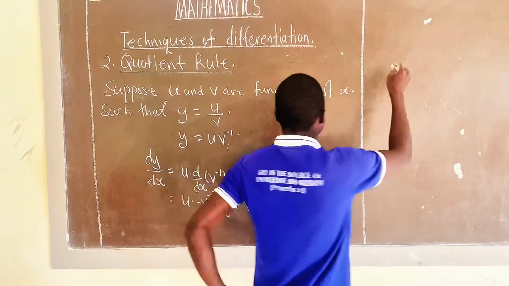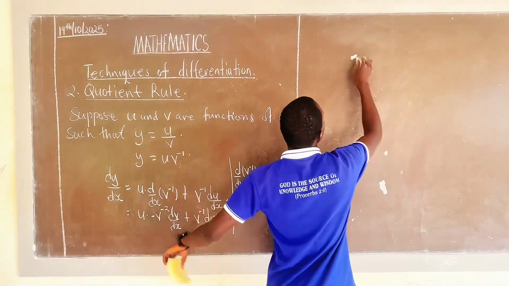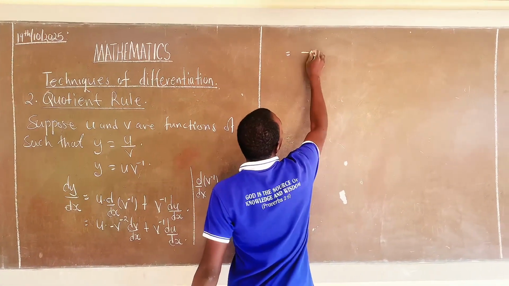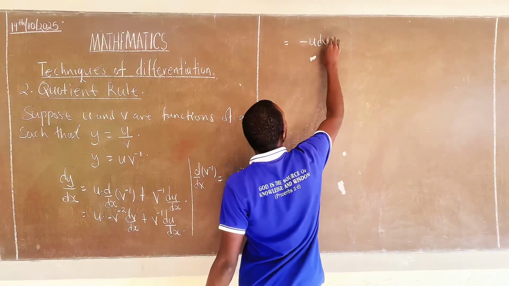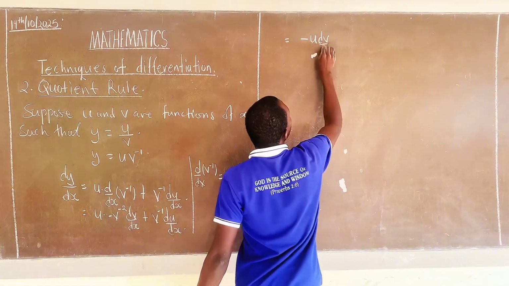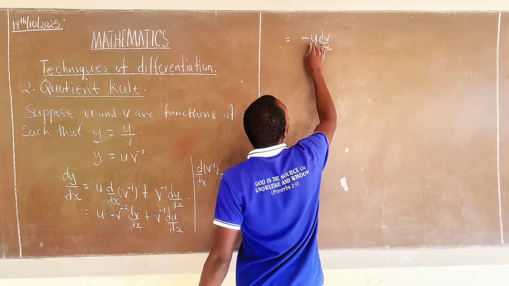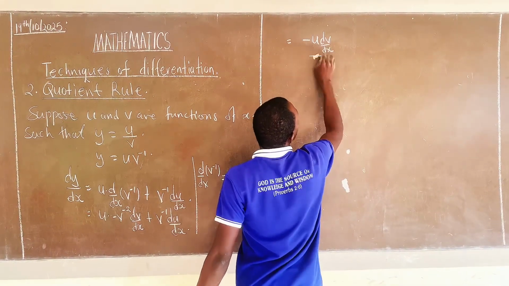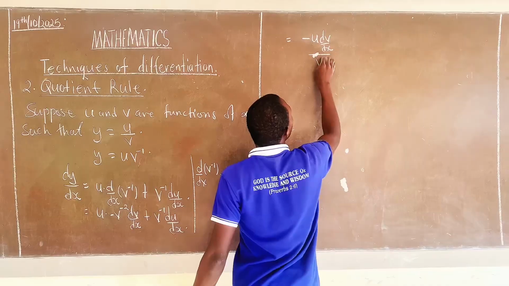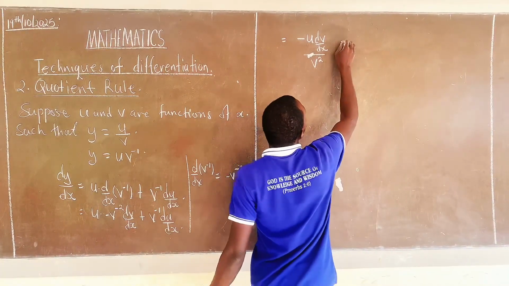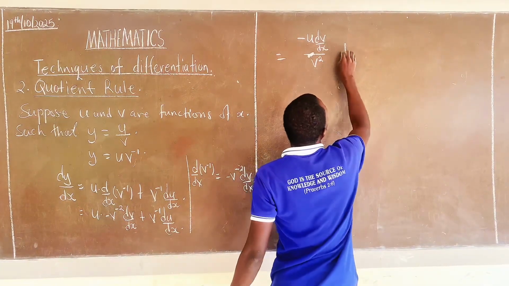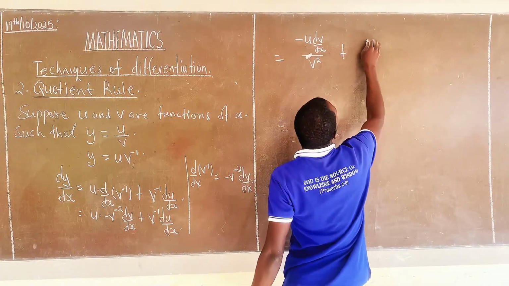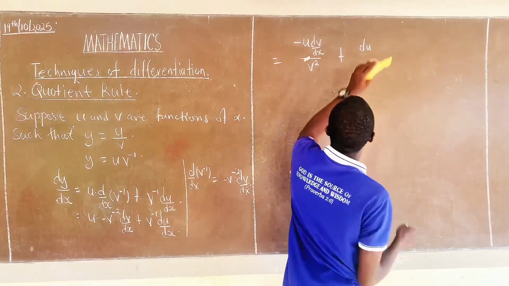So it means our function here will become negative u dv dx, but this one is divided by what? By v squared. Then plus this will remain du dx over v.